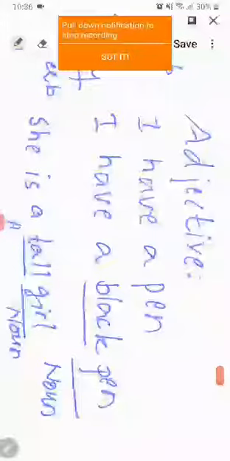The word black is an adjective in this sentence because it is telling us about the noun pen. She is a tall girl. In this sentence, the word tall is an adjective because it is telling us about the girl, that she is tall.